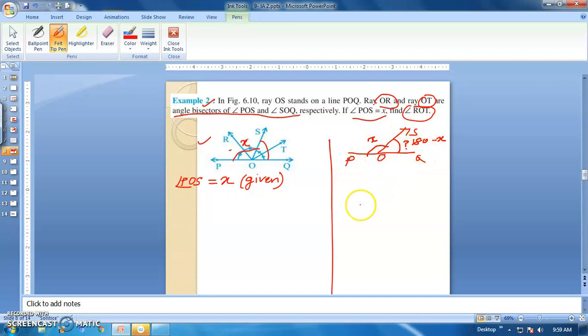And for another example, suppose this is a straight line. So this one is 40 degrees, what about this one? This one is 140, because we have to subtract from 180.